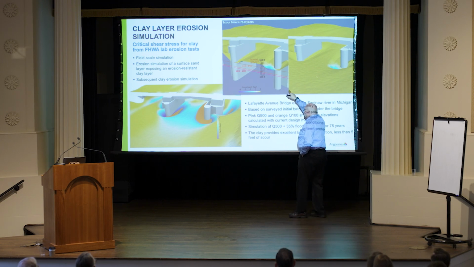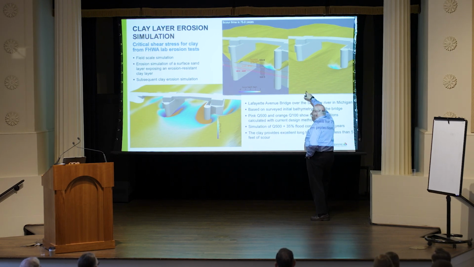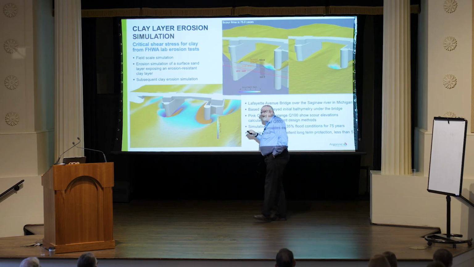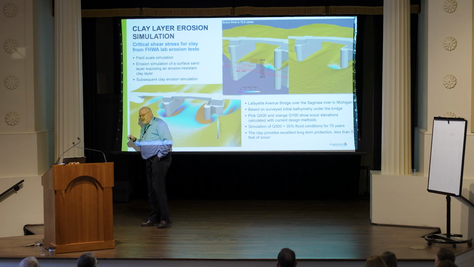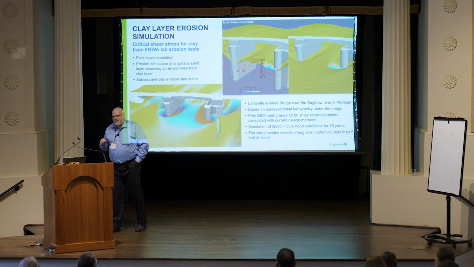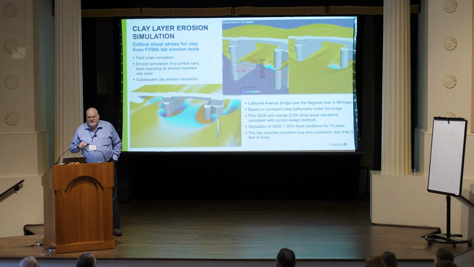I put a grid in there so you see this a little better, right? So the brown line, that is where the clay layer is. And then the orange and the pink line, those are the current methods' estimation for Q100 and Q500, right? So to make things really dramatic, we chose a Q500 case and increased the flow by 35% because otherwise you don't see any erosion on the clay at all, right?